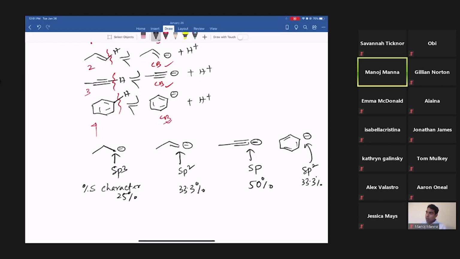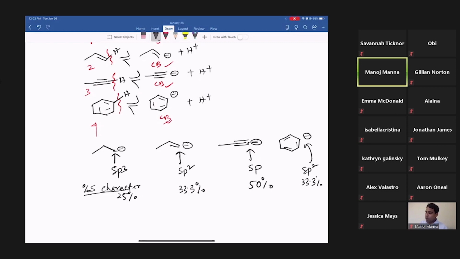Right? So you have to think about the s orbital and p orbital. The s orbital can pull electrons more closely than the p orbital. So the higher the s character, the more the negative charge can be stabilized over this carbon than this carbon. This carbon is more stabilized than this carbon. All this is based on the s character.